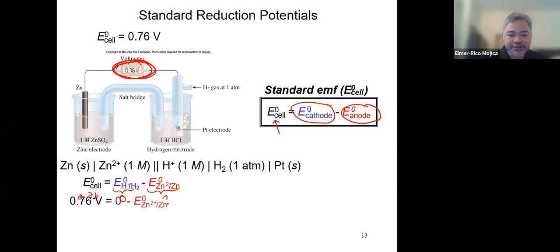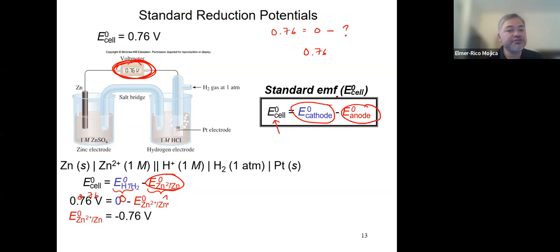I think there's a number there. So from this, we should be able to get the value for this one. And what would that value be? 0.76, because we have 0.76 equals 0 minus the one that you're looking for.